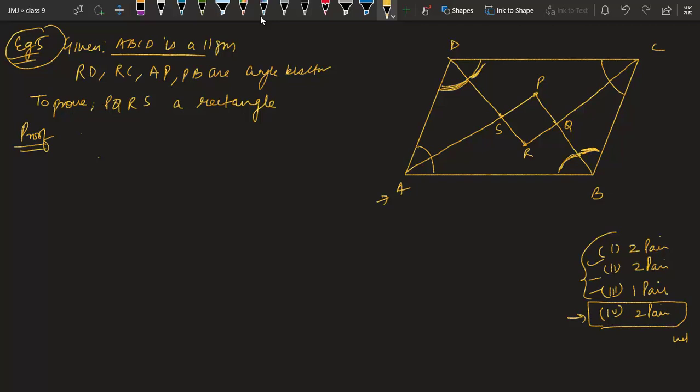First thing, as ABCD is a parallelogram, therefore angle A equal to angle C. The reason is because opposite angles of a parallelogram are equal.